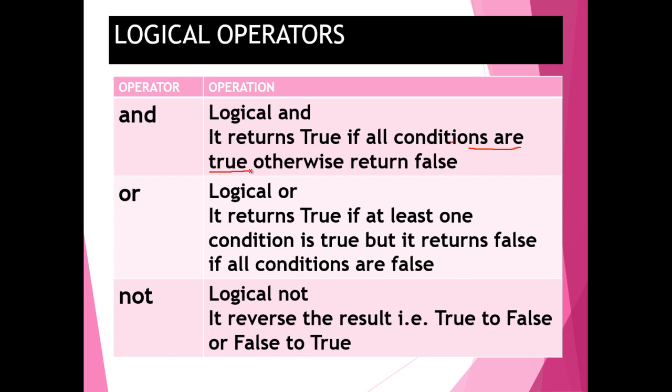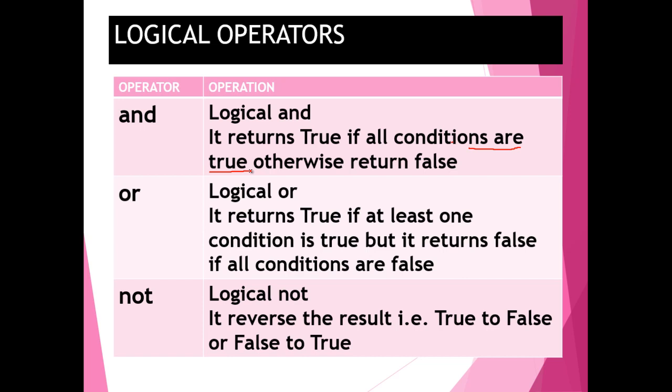Even if a single condition is false, the overall result will be false. So remember, you apply AND only in situations where you want all the specified conditions to be true for performing the work.